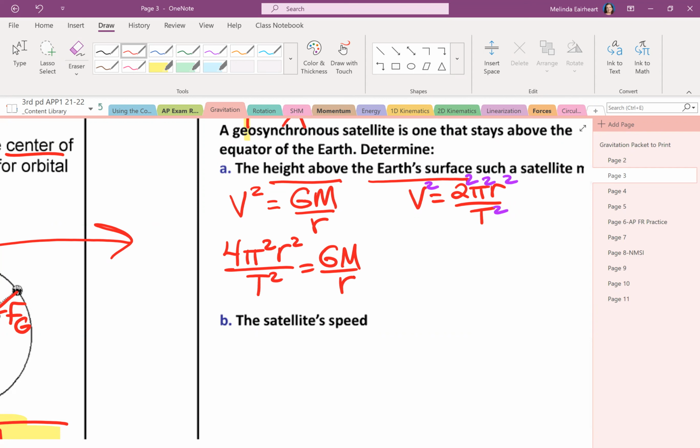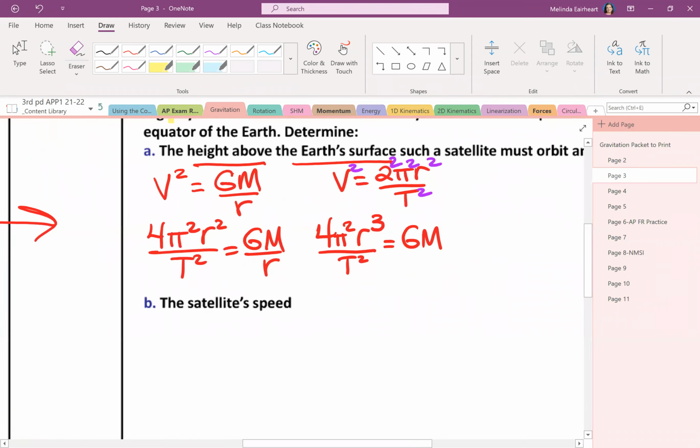Either way we go, you got to multiply both sides by r. So we would get 4 pi squared r cubed. I think this is the only time in the year we do cubed. And then 2 more steps. We want to isolate r.